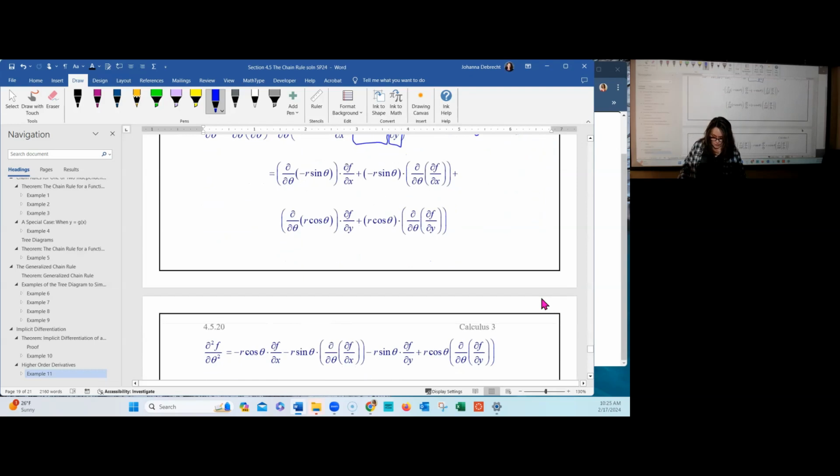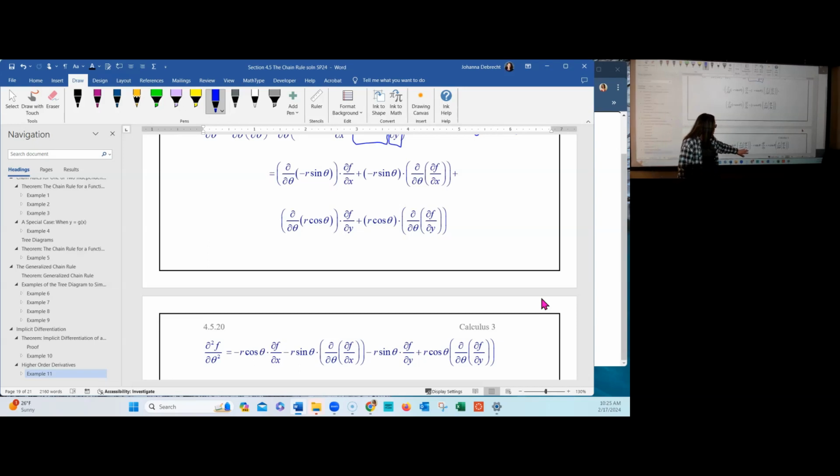Let's scroll down a little bit so we can see what this comes down to be. When we apply the partial derivative with respect to theta to r cosine of theta, we get negative r sine of theta. And then when we take the derivative of negative r sine of theta with respect to theta, we get negative r cosine of theta, and that gives us the first term.